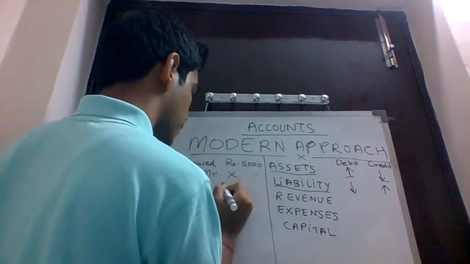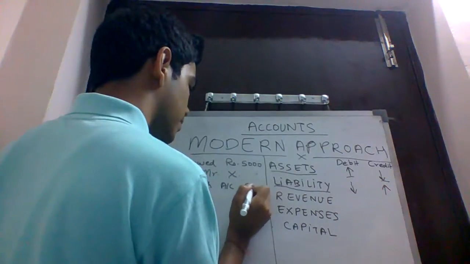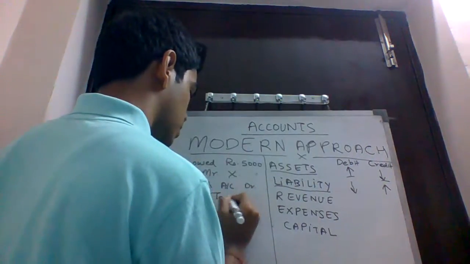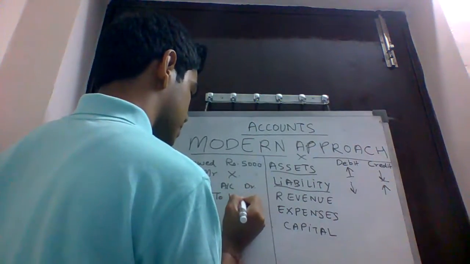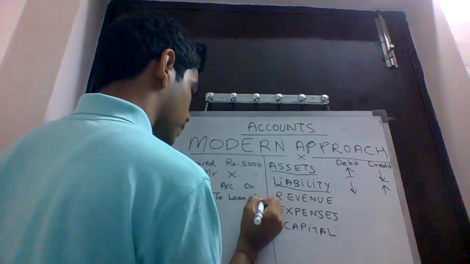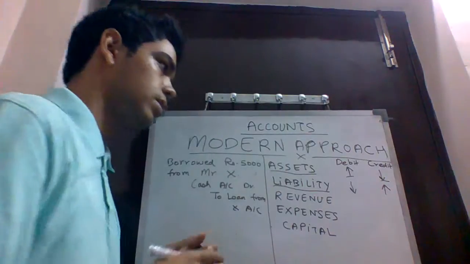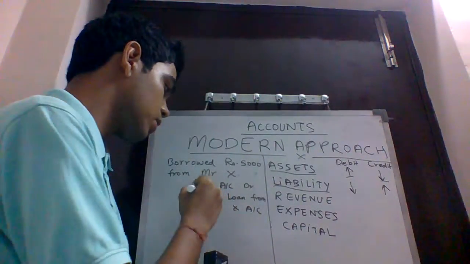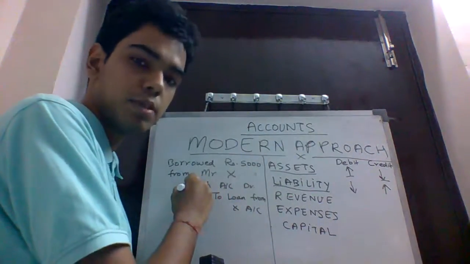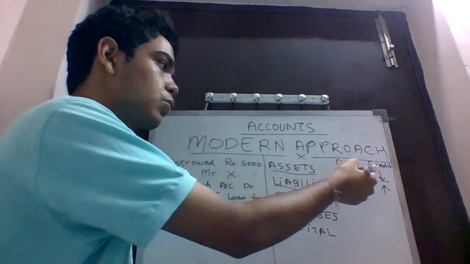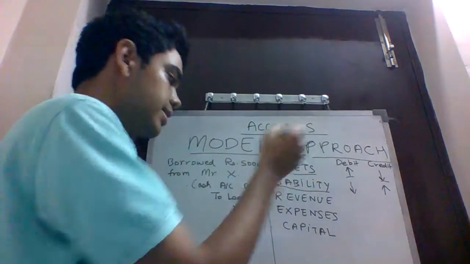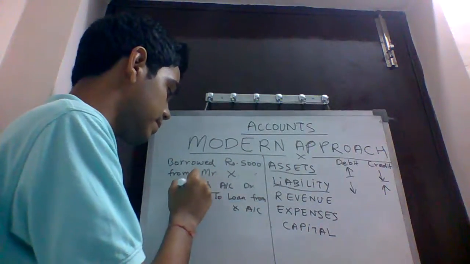Cash account debited with 5,000 rupees to loan from X account with a like amount. Now why? Because cash is coming inside the business, and as per the assets rule, increase in assets are debited, so cash account will be debited.